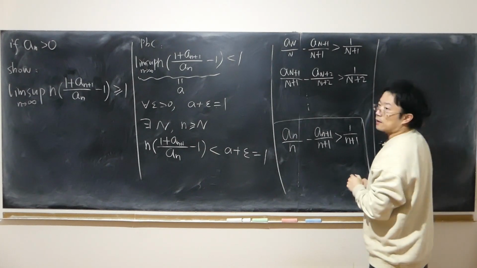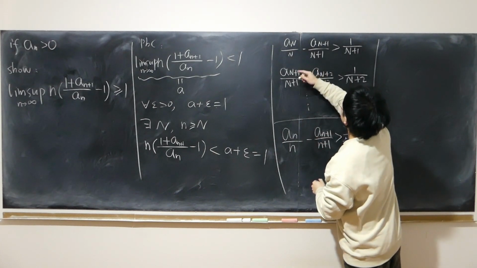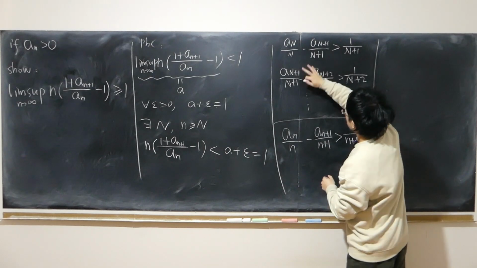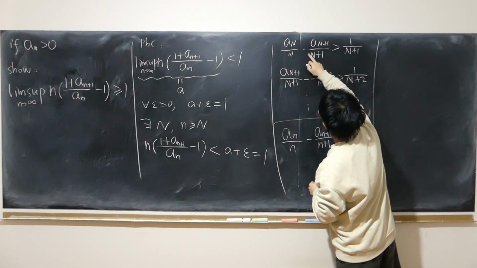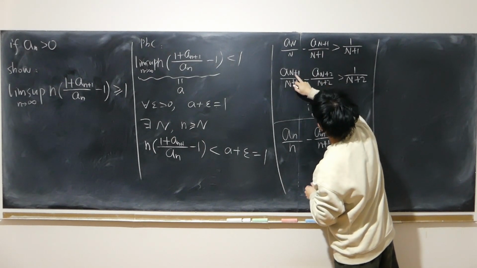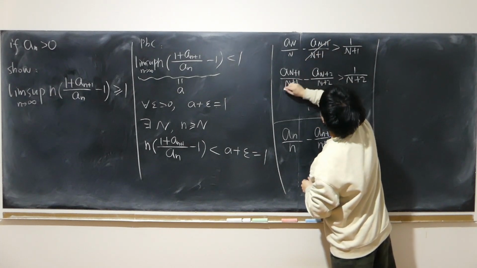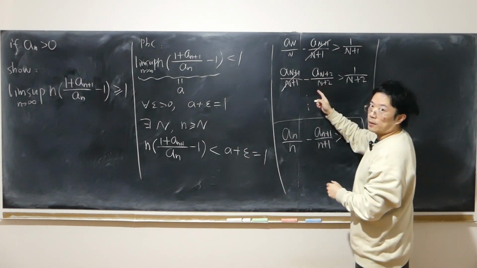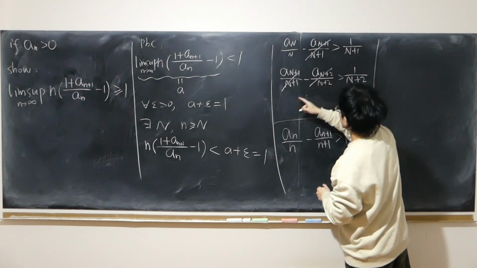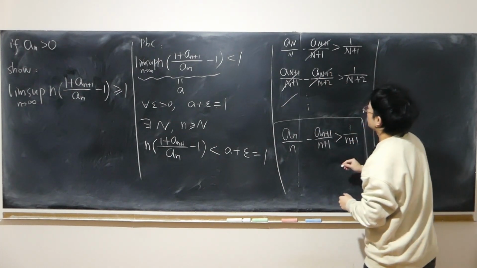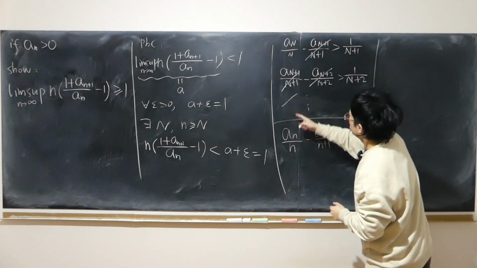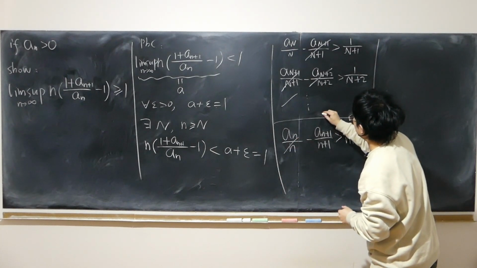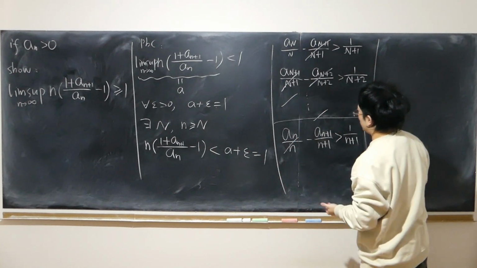So right now I just add them all up. On the left-hand side, you can see this negative term and this positive term can just cancel out. According to the pattern, this negative term cancels the next positive term, and this positive term cancels the previous negative term somewhere.